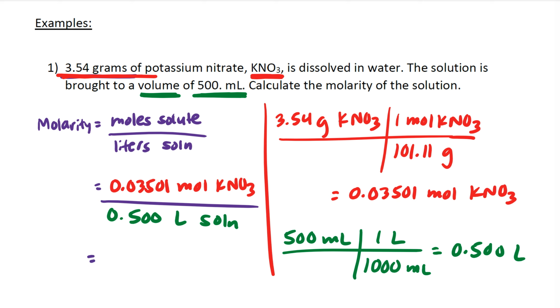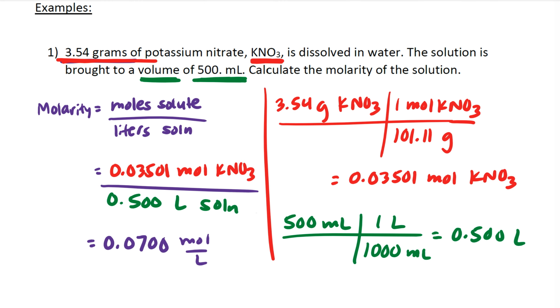You plug this into the calculator and you're going to get an answer of 0.0700 as your numerical answer. And so the unit would be moles divided by liters, mol over liters.